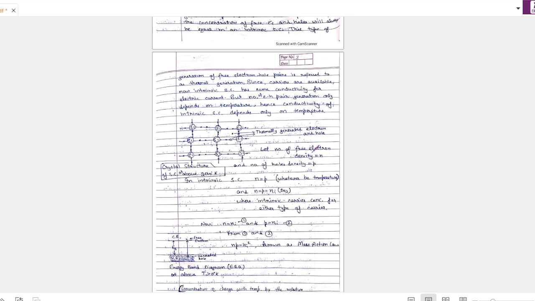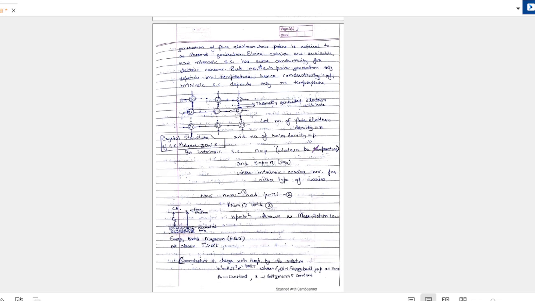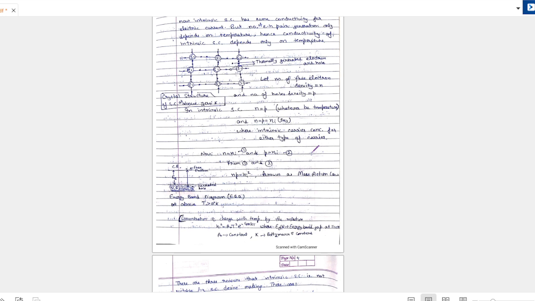We cannot change its conductivity. Nowadays we have extrinsic or impure semiconductors which have very high conductivity. So we never use these; we study the pure semiconductor, but we don't use it in real life, because extrinsic ones make more efficient devices.